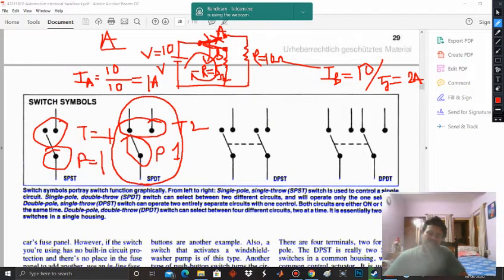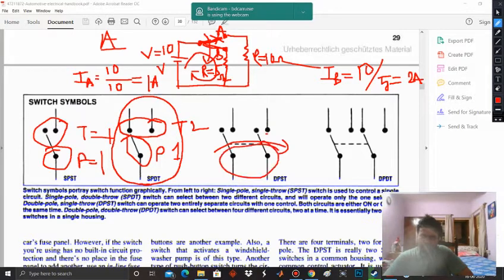Another is the double pole single throw switch. It has two poles or two contactors, but the throw is single. If you switch this on, they are interlinked, so they will be on at the same time.